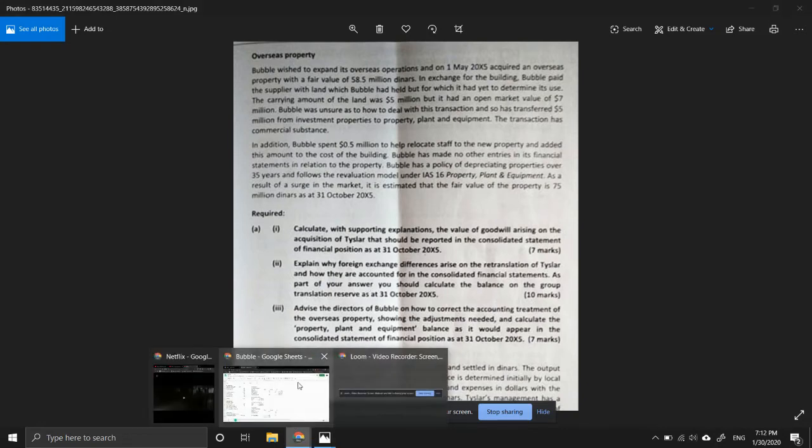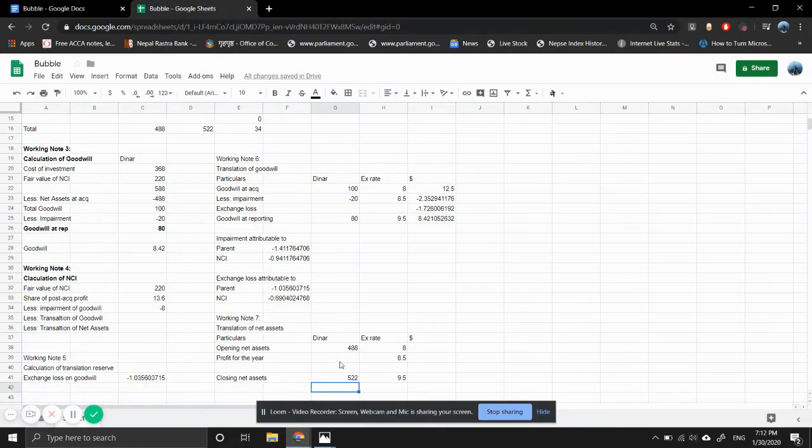It's just the difference between that and that. So this figure is the post-acquisition profit. So what we can do is this divided by this, this plus this minus this, right?